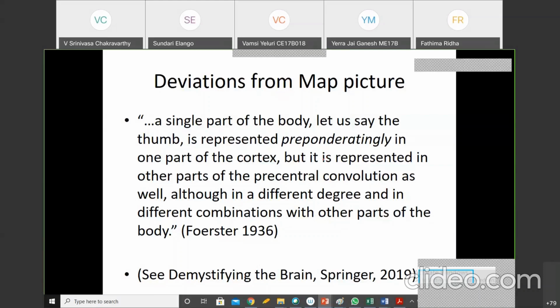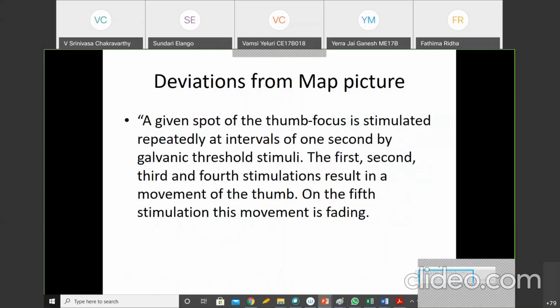There will be many regions in the same motor cortex which control your thumb. If that is the case, then it's not a map anymore. Map means one region in the brain corresponds to one body part. But if many regions in the motor cortex control the same thumb, that's not a map anymore. But this is closer to reality.